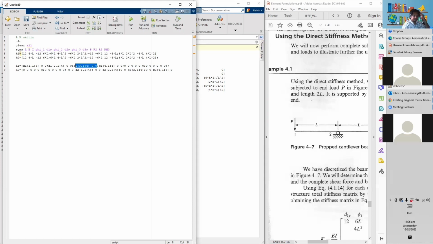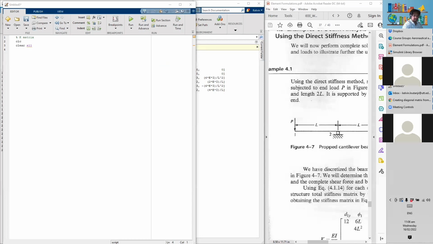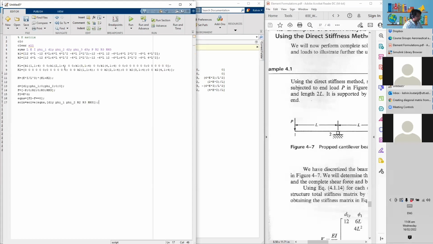Right, I'll share everything here so you can actually see how I assembled the matrix.